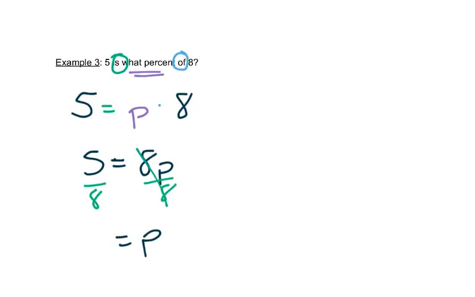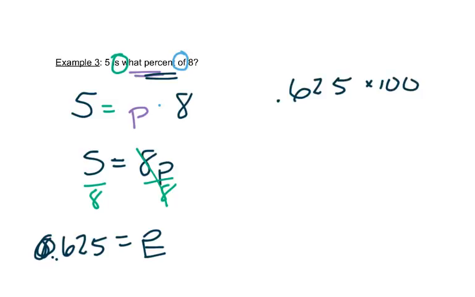We want to change that to a decimal, so 5 divided by 8 is 0.625. Now I used p because I wanted to remind us that we're really looking for a percent, and this isn't a percent yet, this is a decimal. So we need to take 0.625 and multiply by 100, or just move the decimal place 2 places over, and we get 62.5%.